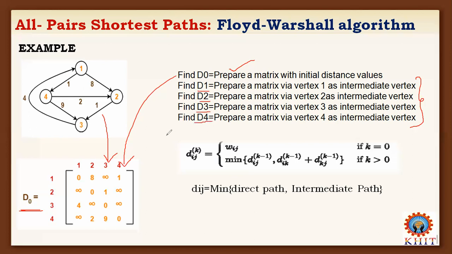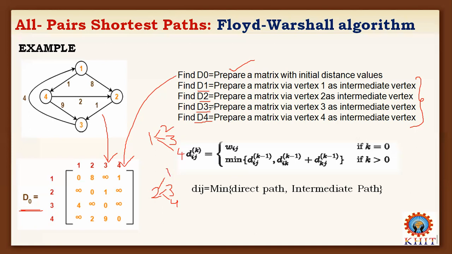If you consider the D1 matrix, you need to find 1 to 2, 1 to 3 and 1 to 4. If you consider the D2 matrix, you need to find the distance from 2 to 3, 2 to 4 and 2 to 1 also.